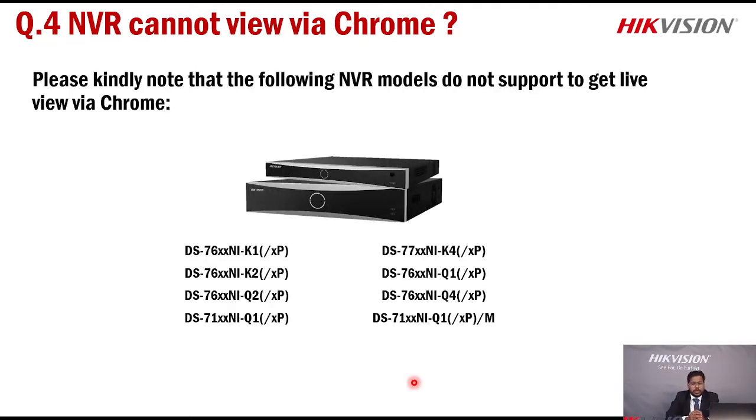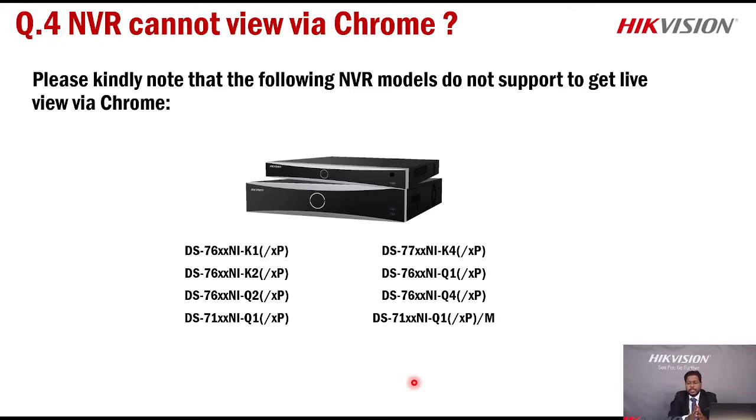So first we will need to understand why the NVR is not able to view on Google Chrome. So first of all, check whether your NVR is supporting it or not. Please kindly note that the following NVR models do not support live view via Chrome. These are the model numbers: the 76K1 series, 76Q2/P series, 71NI Q1/P series.